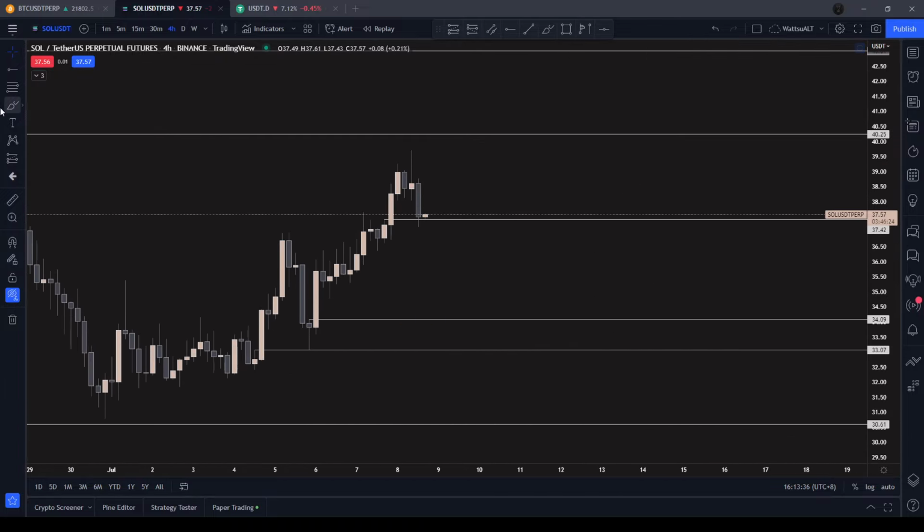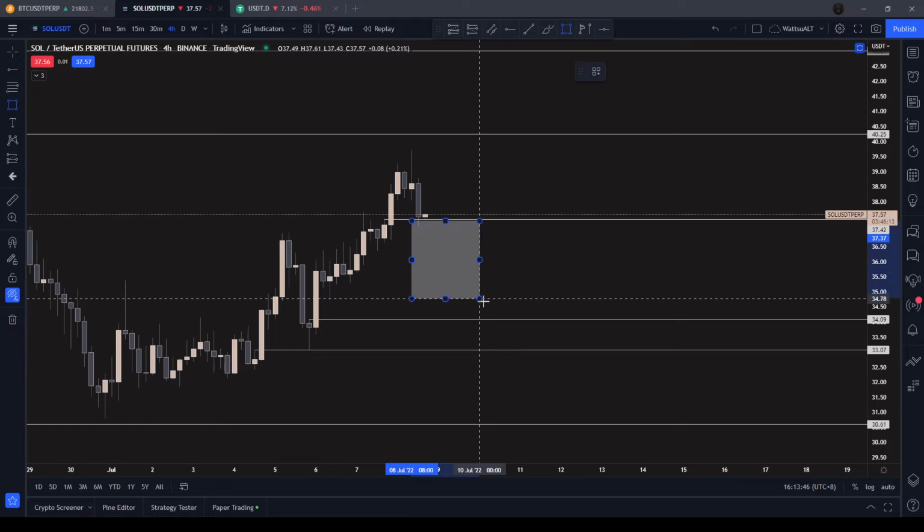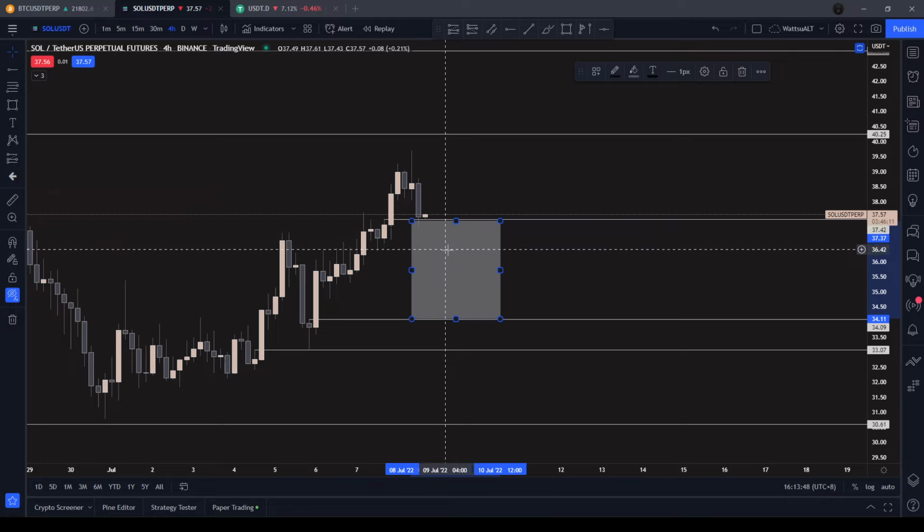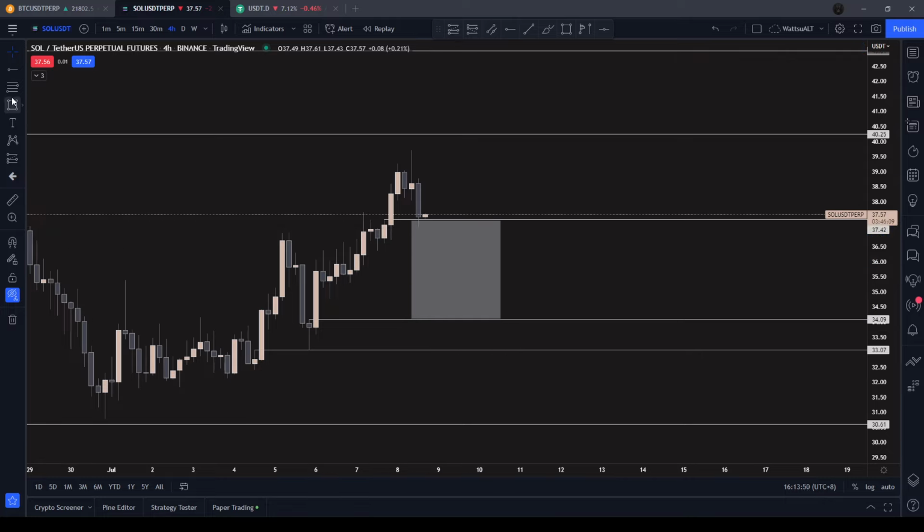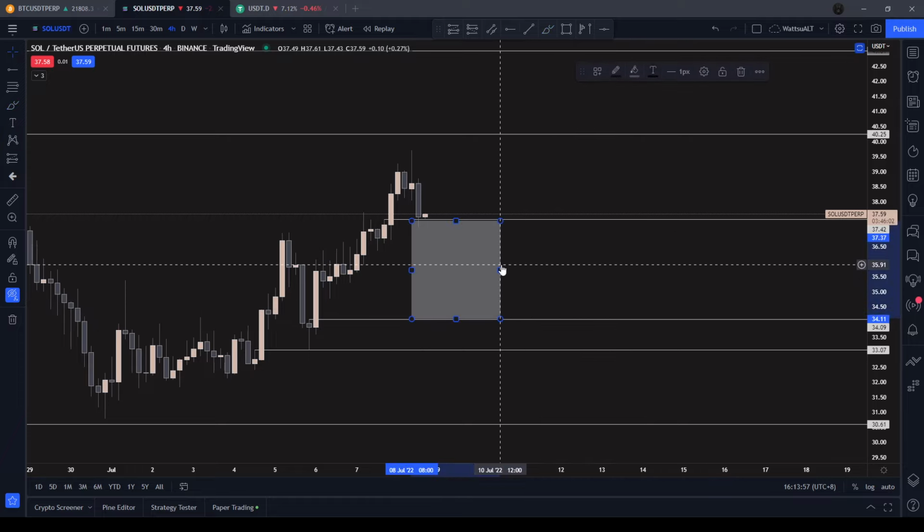Rolling over isn't completely out of the question. Okay, this big gap in price can actually be filled. Don't think anything is not possible with crypto and with Bitcoin.